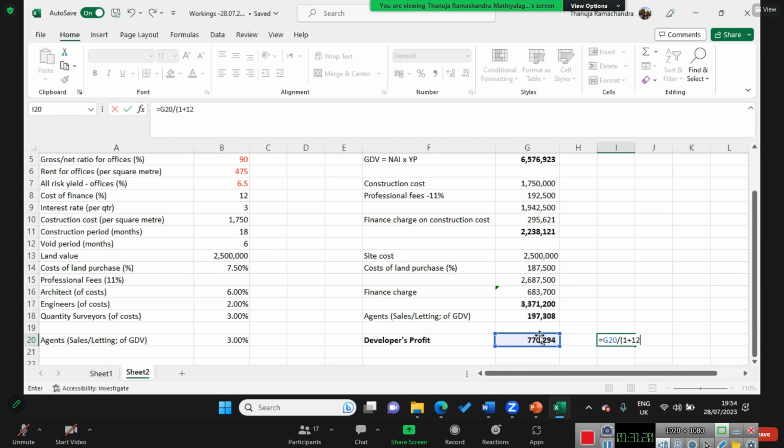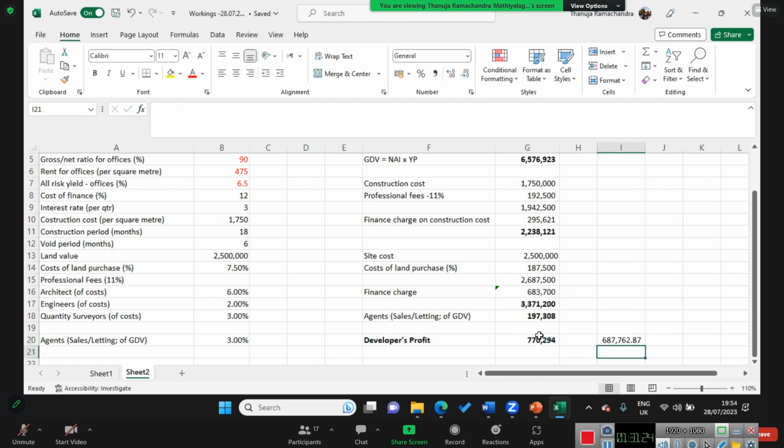So actually, its true value today, to compare with this cost side, is 687,762. It's not 770, isn't it? But in this residual approach, we don't bother about the time, right?